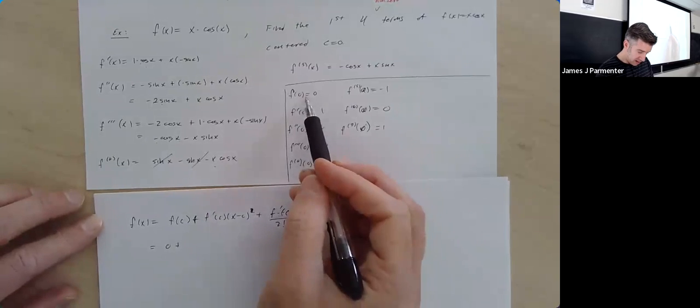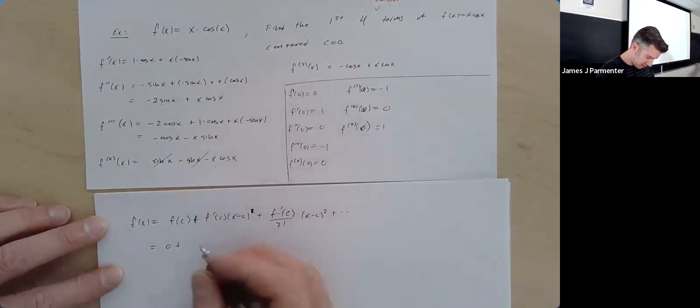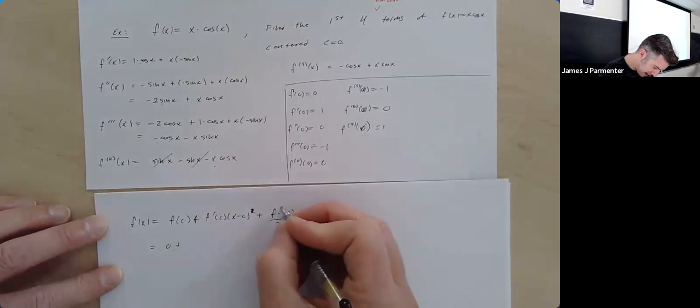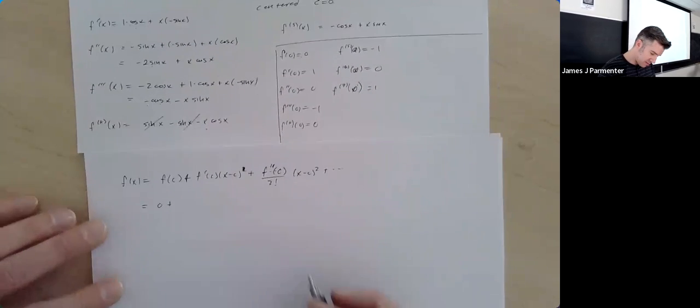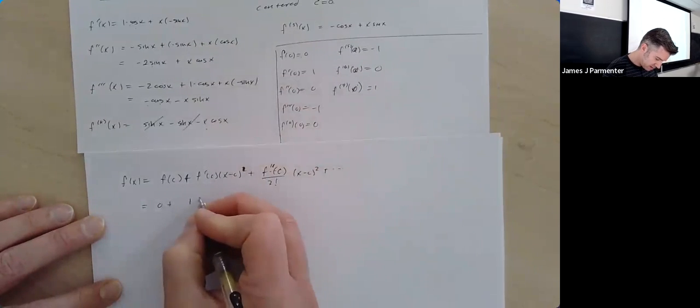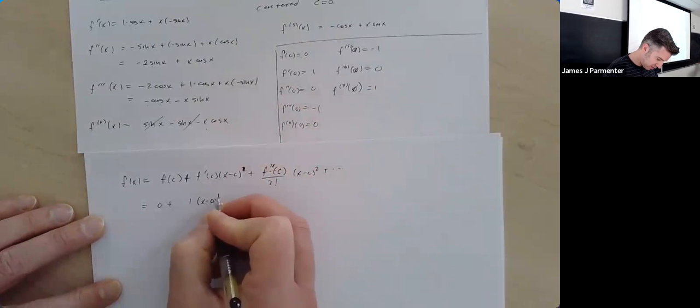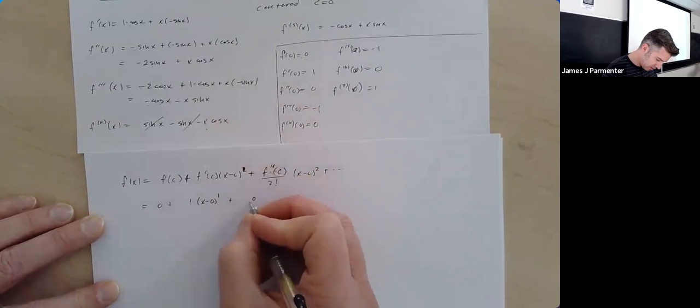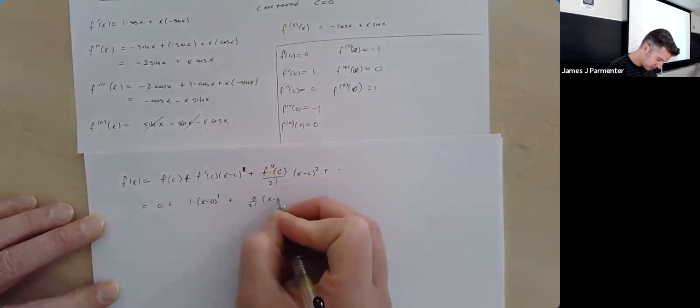So I'm going to get f of 0, and then my next term would be 1 times x minus 0 to the first. My next term would be 0 over 2 factorial times x minus 0 squared.